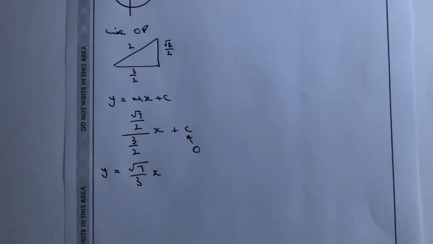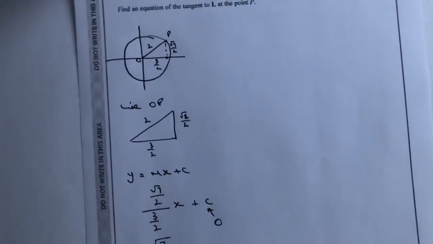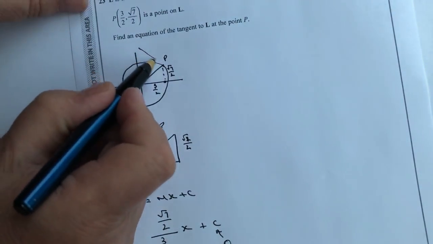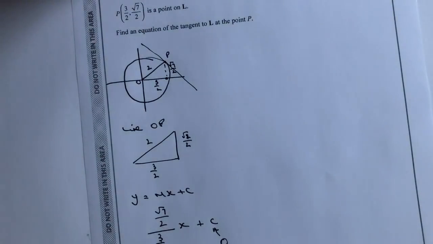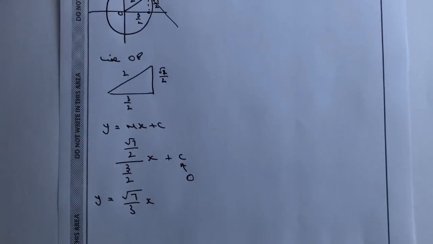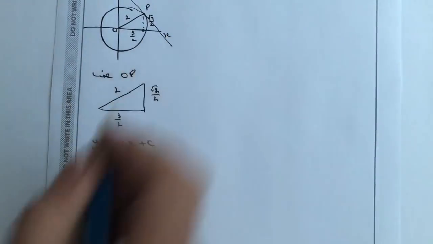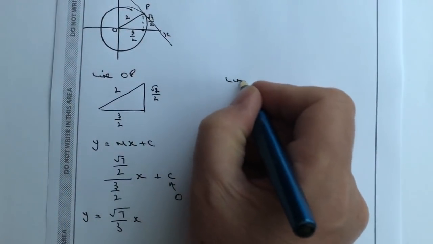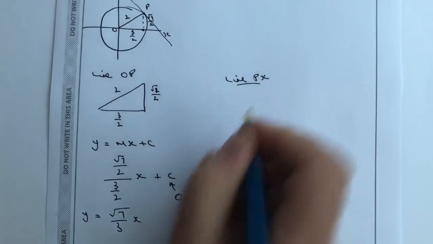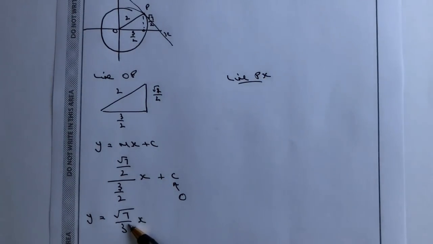Now, if I want to work out the tangent, this tangent that comes along here, let's call it the line PX. We've got to remember that it's going to be the negative reciprocal of this gradient.